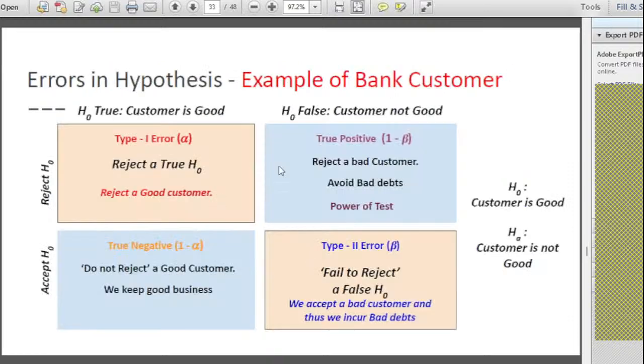Now I want you to go through this on your own. It's an example of a bank customer. All of you would have gone to a bank sometime, opened an account, taken a personal loan or car loan. Whenever you go to a bank, they ask you to fill forms and sign so many times.